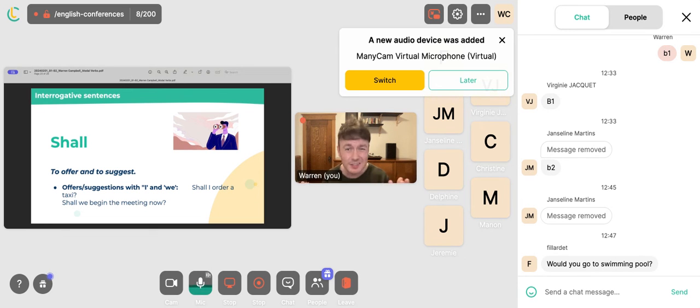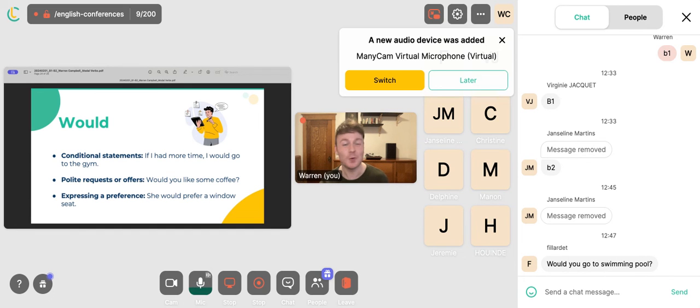The way we tend to use shall nowadays is to offer something or to suggest something. Shall I order a taxi? Or shall we begin the meeting now?